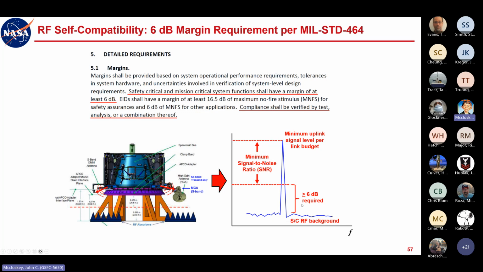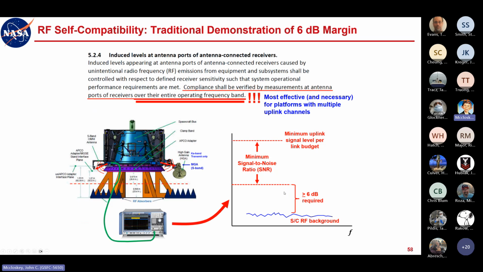Whatever the minimum signal to noise ratio that your receiver has, and whatever that minimum uplink signal that the link budget requires, you want there to be 6 dB margin between the spacecraft RF background and the base of the signal to noise ratio, the minimum signal to noise ratio that you want.